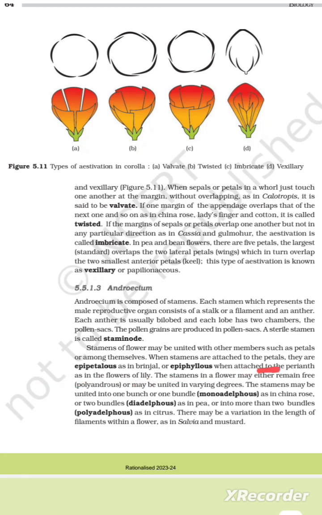The stamens in a flower may either remain free (polyandrous) or may be united in varying degrees. The stamens may be united into one bunch or bundle (monoadelphous), as in China rose, or two bundles (diadelphous), as in pea, or into more than two bundles (polyadelphous), as in citrus. There may be variation in the length of the filaments within a flower, as in salvia and mustard.